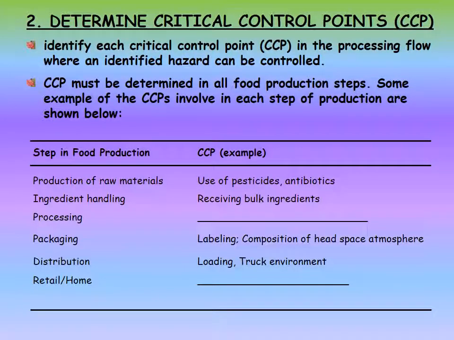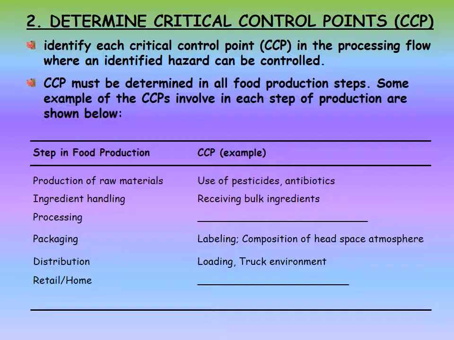Production of raw material step, processing step, packaging step, distribution step. So for production of raw material, we can name some of the critical control points involved, for instance, use of pesticide, the use of antibiotic.